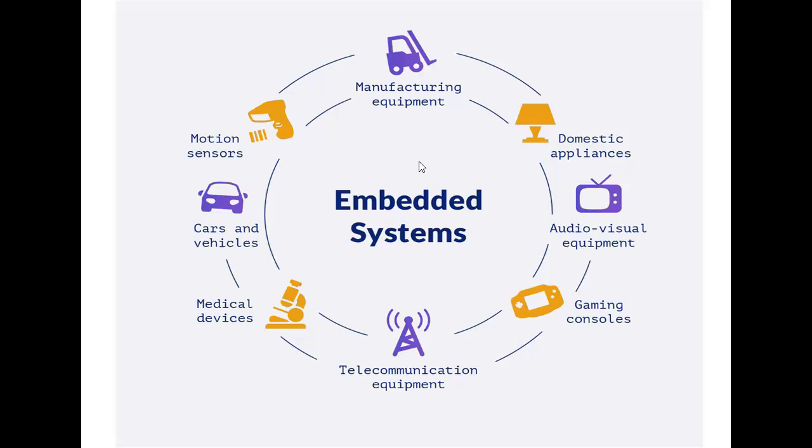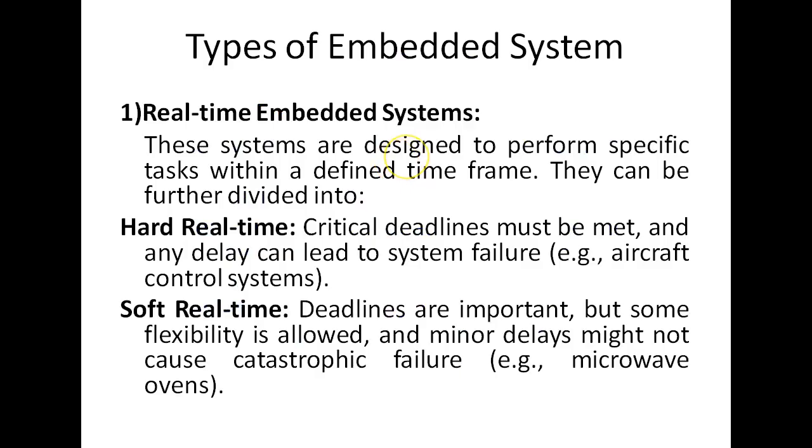The simplified architecture consists of a processor, input output devices, memories, application specific circuitry, and communication devices. Together, you can design any application using these.